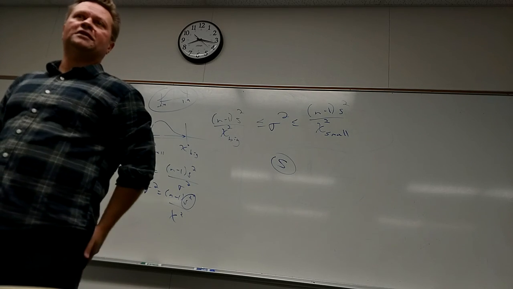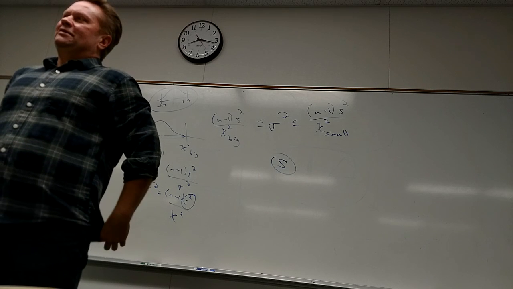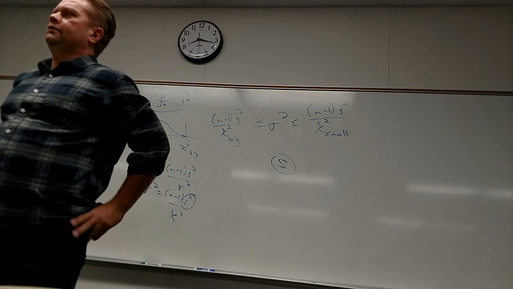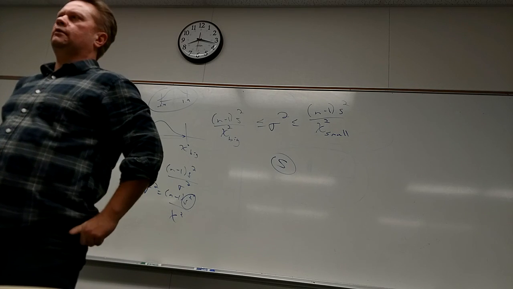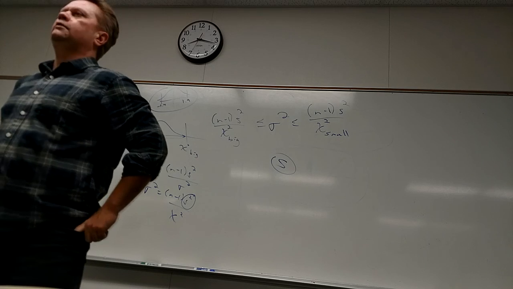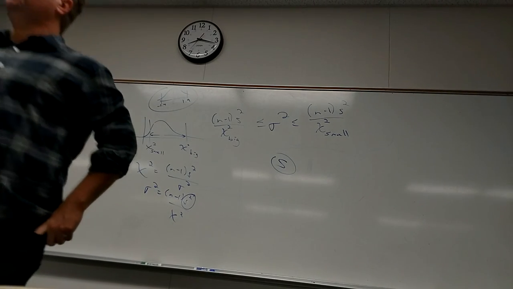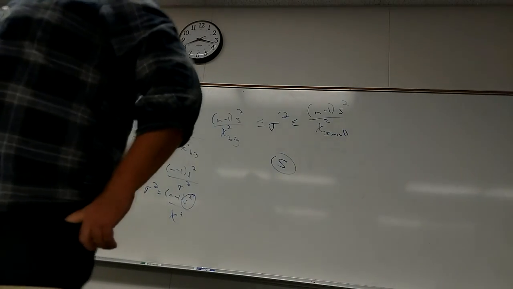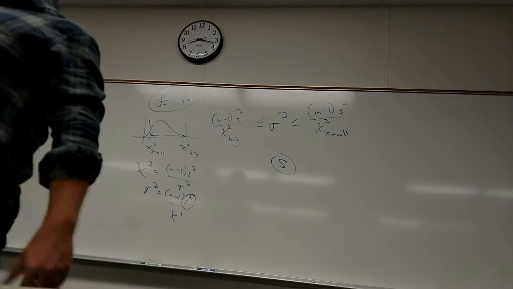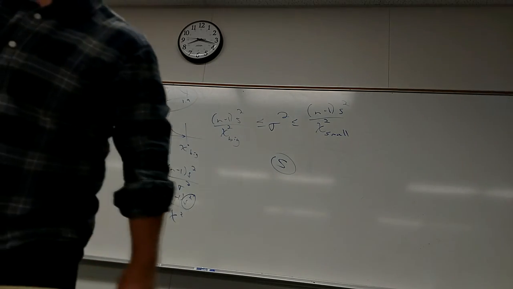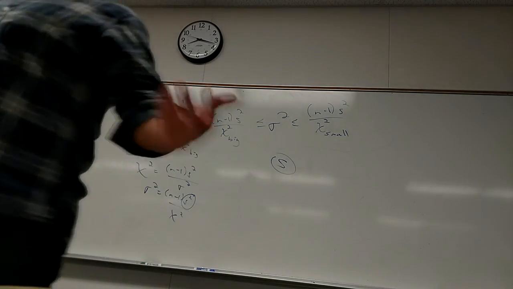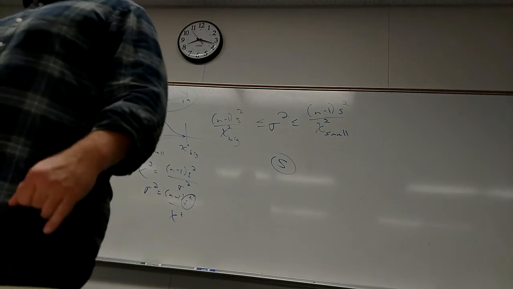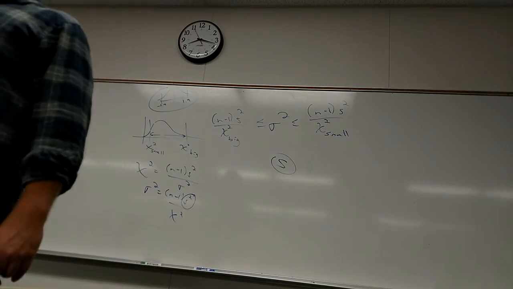Every test, and I don't think I've hit 50% getting that right yet. If I said a z-score of negative 1.98, the best answer would be that data point is 1.98 standard deviations below the mean. If you just said away from the mean, I'm not going to take points off, but if you put below, I get a little tear. That's all the negative means: it's below the mean.